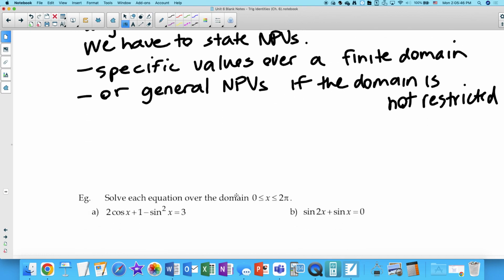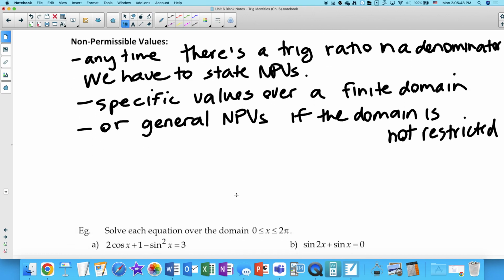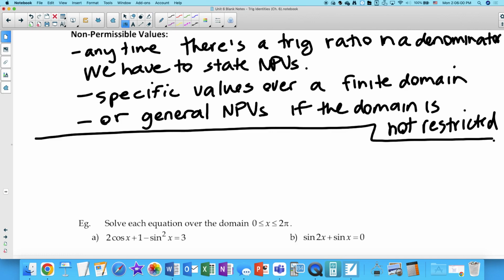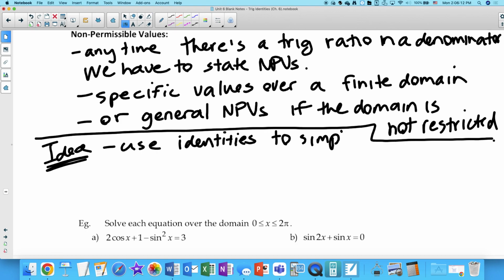Okay, now the overall idea behind using these identities to help us solve equations is that we want to use identities to simplify the equation. So that might mean reducing the number of trig ratios, right?